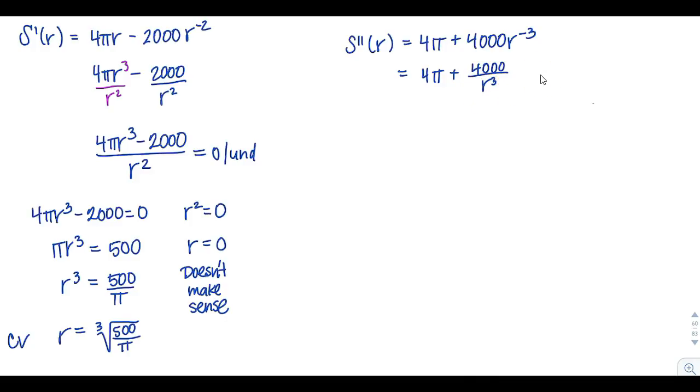So r has to be greater than 0. So what that means is that for any value of r that I substitute in here, since this value is positive, the second derivative is always positive. So I know that s double prime of r is greater than 0 for all r greater than 0.